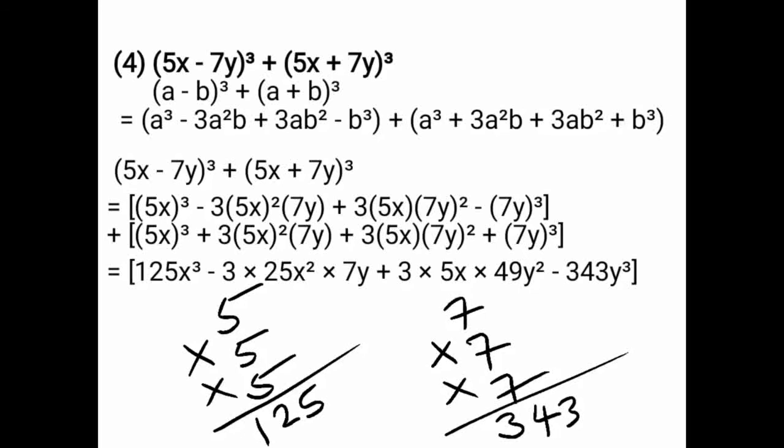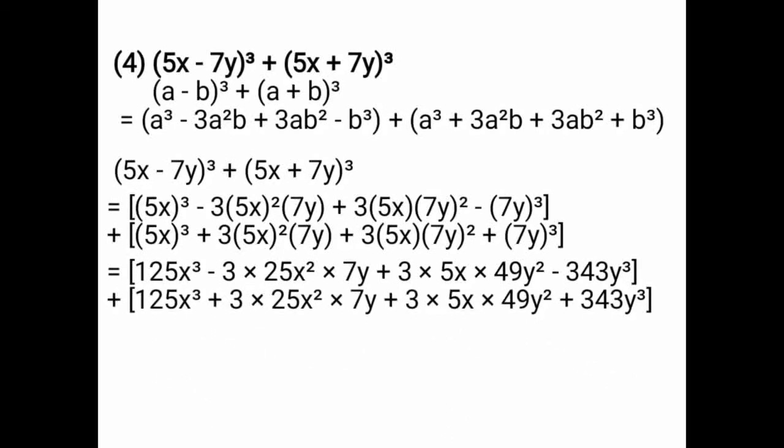Cube of 5 is 125, cube of 7 is 343, in both the A side and the B side. So cube of 5x is 125x cube, cube of 7y is 343y cube in both the brackets. In 3a square b plus 3ab square, I solved here in both the brackets.